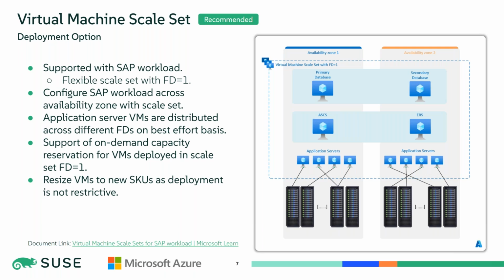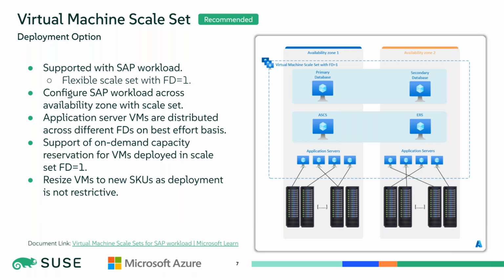You select a zone on which you want to deploy your VM. You define the max spreading FD equal to 1, and then you configure your VMs manually into the virtual machine scale set. When you configure your VM, you select a different deployment option. In that, you select virtual machine scale set, select the scale set that you created previously, and then you select the availability zone.